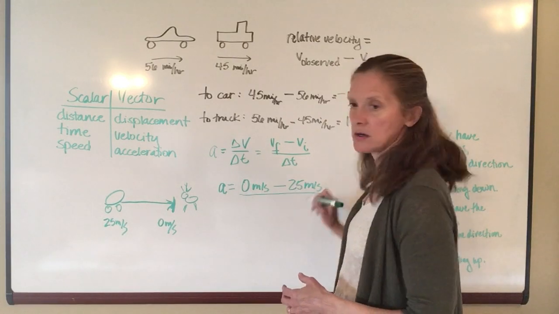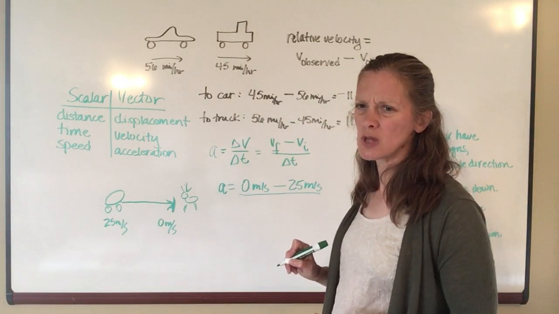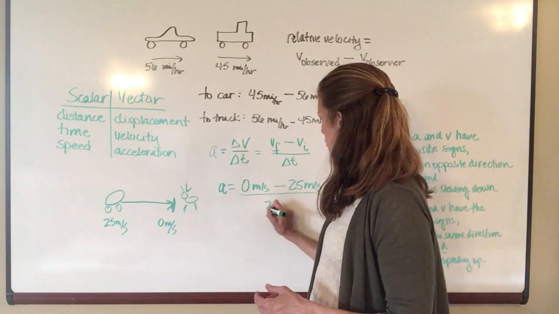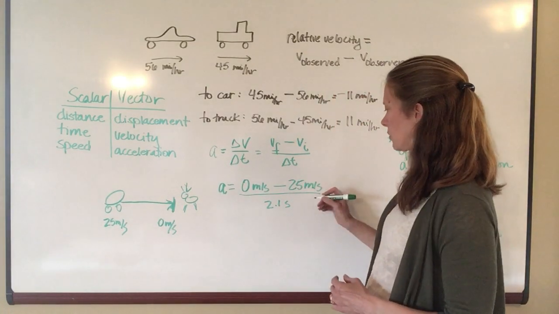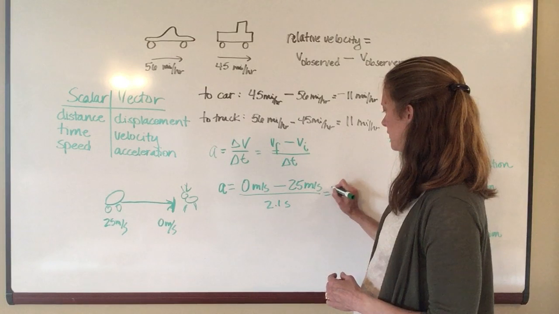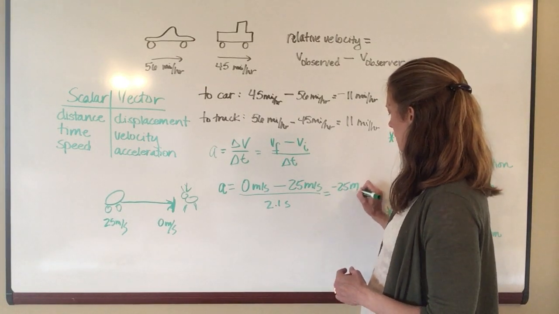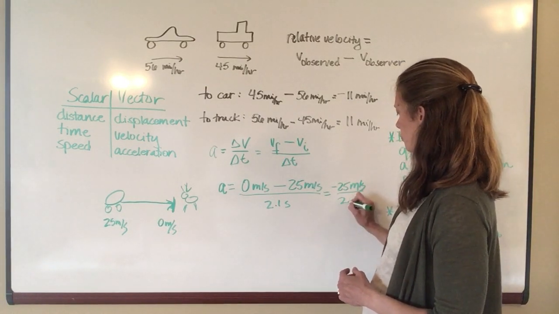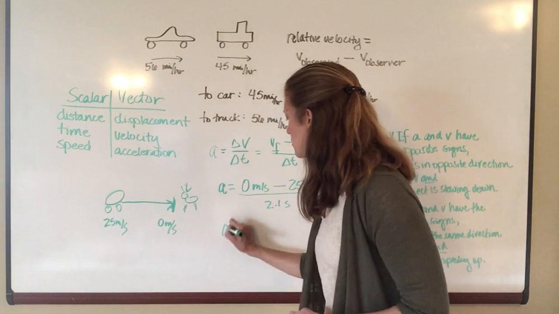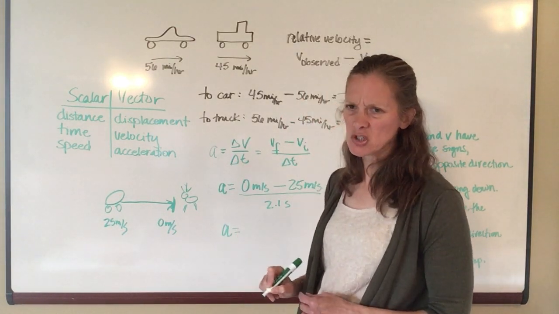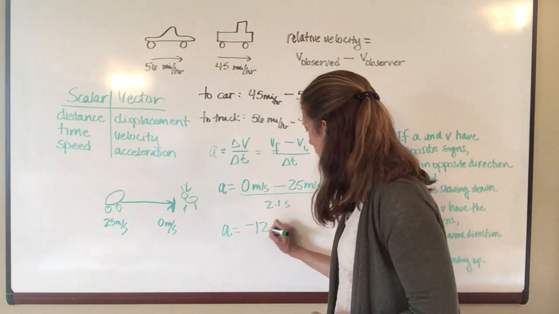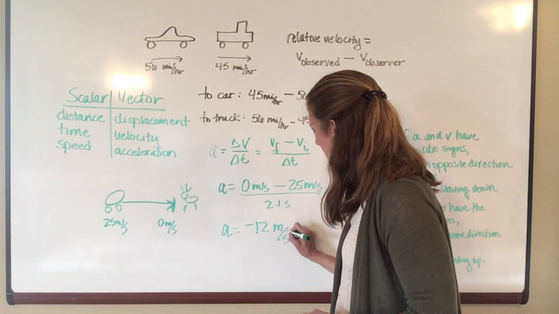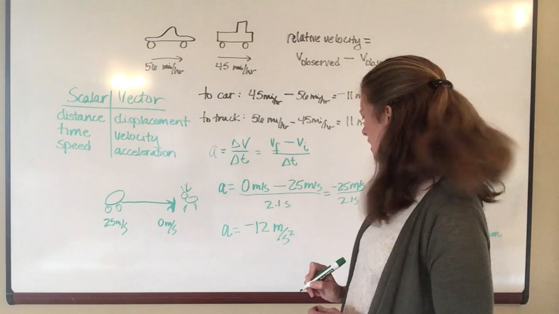And the amount of time it took him to do that was 2.1 seconds. So if I go ahead and divide this out, I'm going to have negative 25 meters per second over 2.1 seconds. And so that means that my acceleration then is going to be a negative 12 meters per second squared.